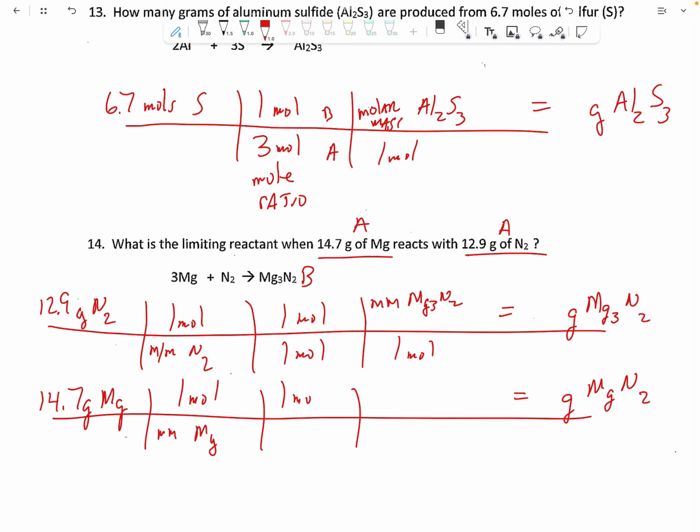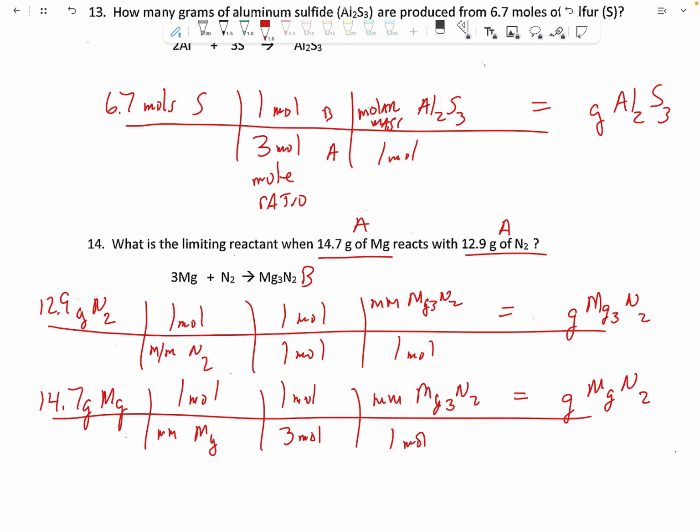Okay. 1 mole of that over 3 moles of the magnesium, and then the molar mass again of the Mg3N2 here over 1 mole of that.